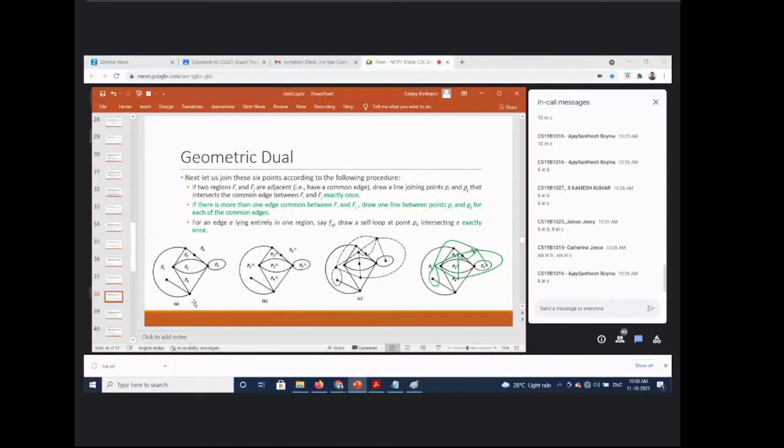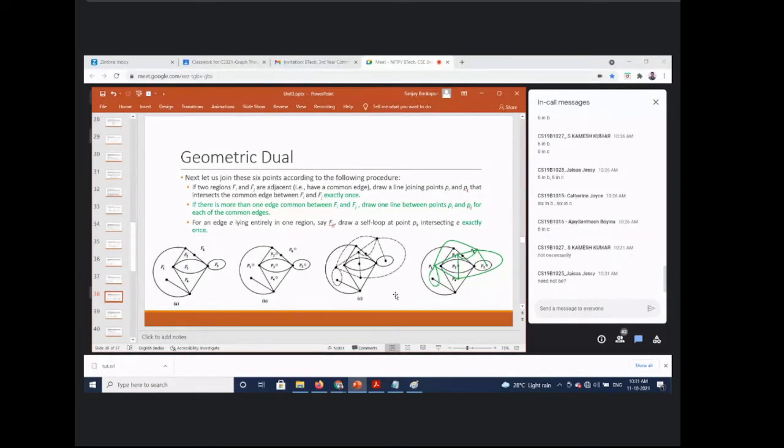There were 6 vertices in graph A, the actual graph, and in C, the geometric dual, again 6 vertices. However, does that hold good every time? Will the number of vertices in the given planar graph be equal to the number of vertices in the geometric dual?